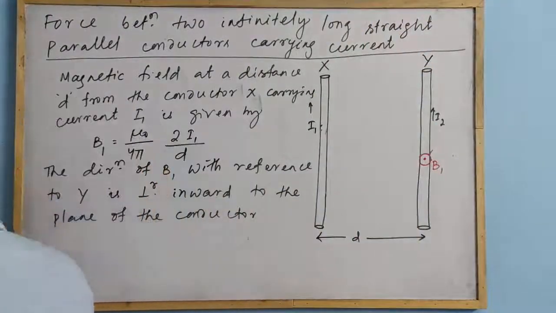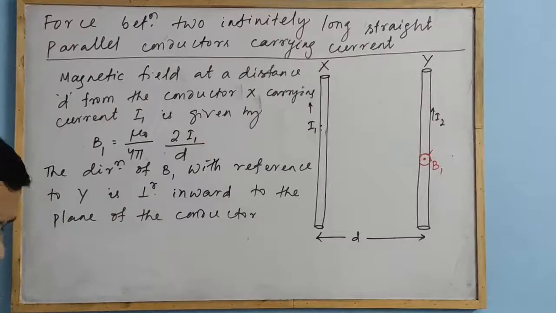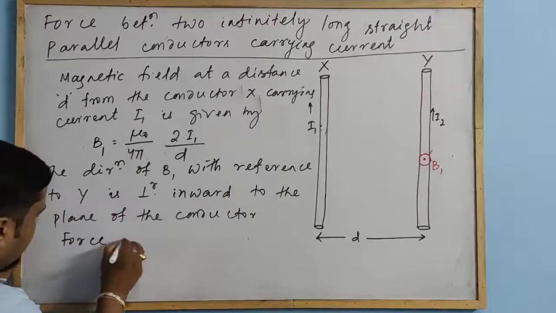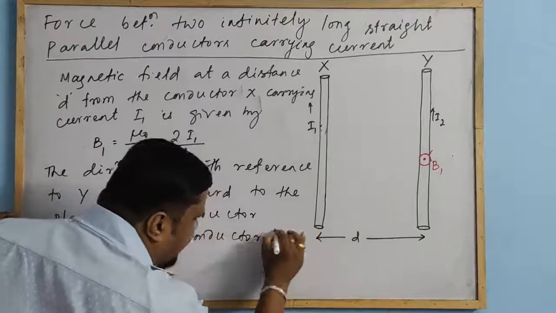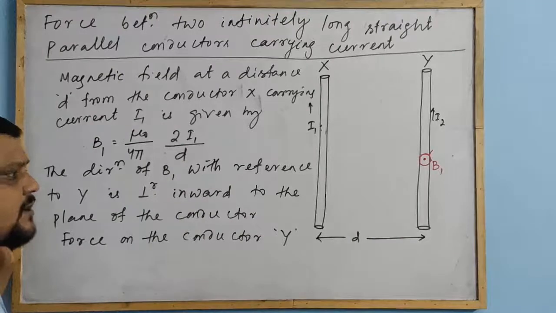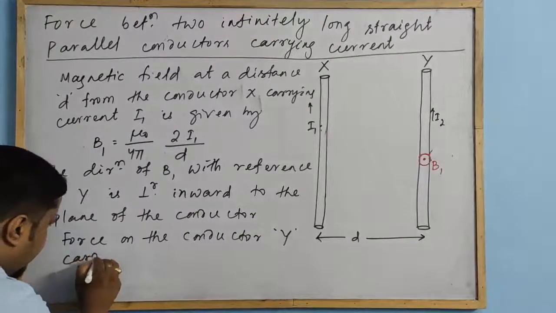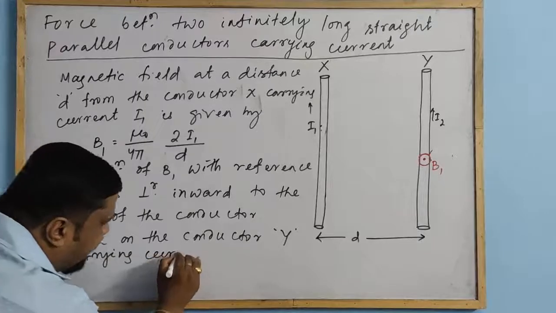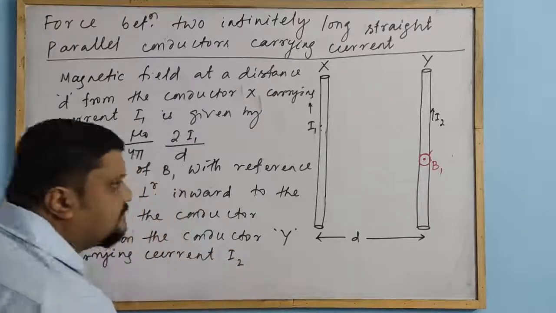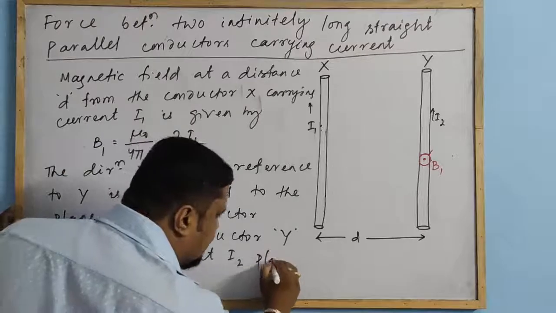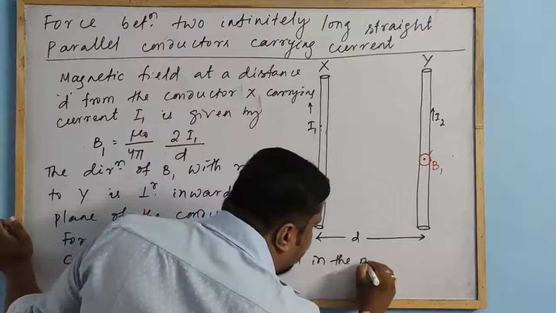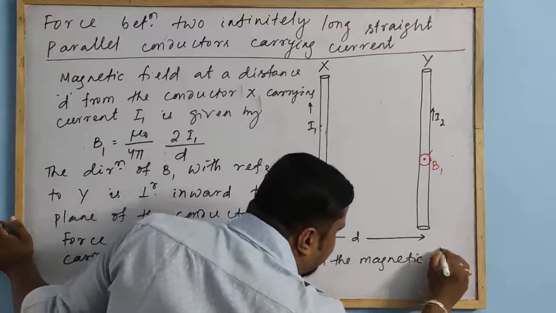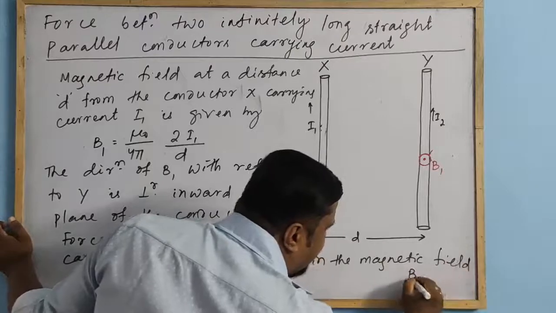So next we will find out the force on the conductor Y carrying current I2 placed in the magnetic field B1.